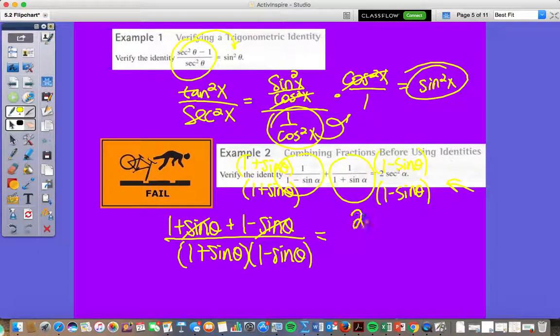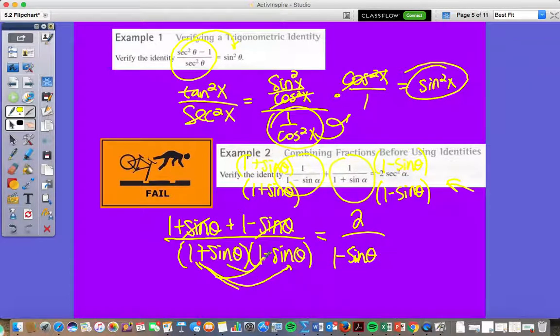2 is on the top, over, and now this is where we go 1 plus sine times 1 minus sine, right? We've got to distribute this. So 1 times 1 obviously is 1. What times negative sine is negative sine?